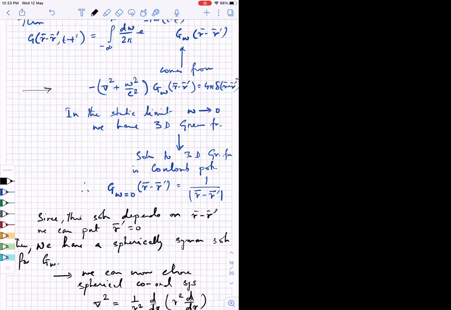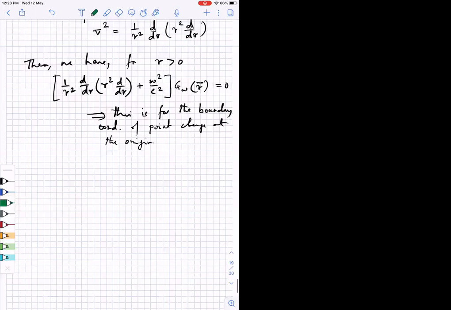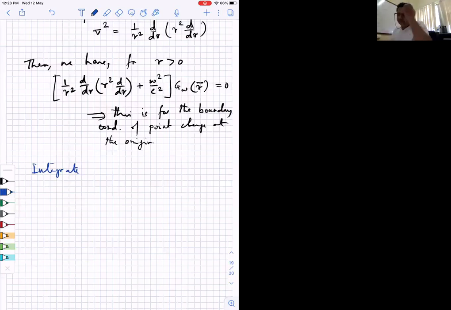So let me write down something for this. Let me call this equation B maybe. So let us now integrate equation B over some sphere which will have some radius r0, but we'll make it vanishing so that it becomes at the origin.